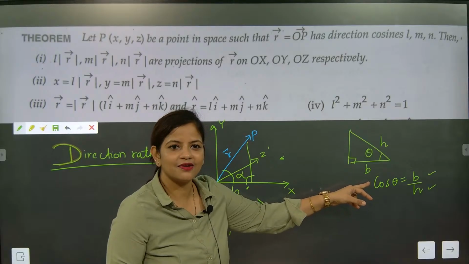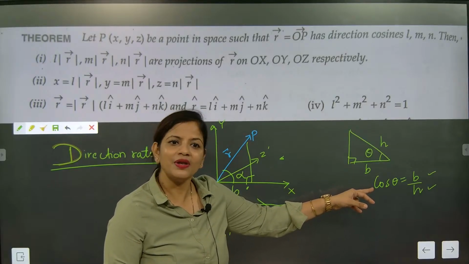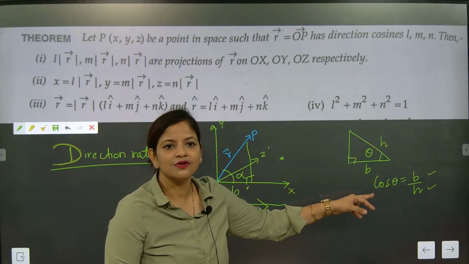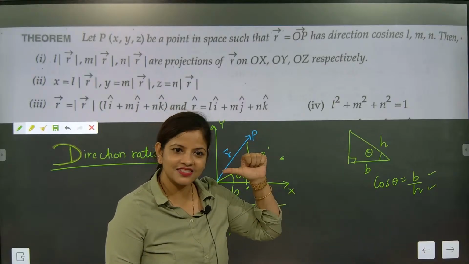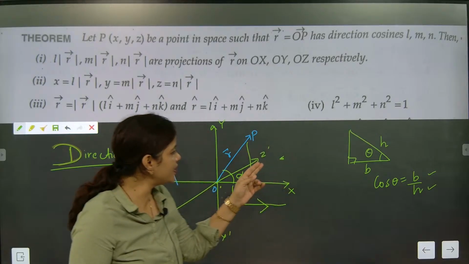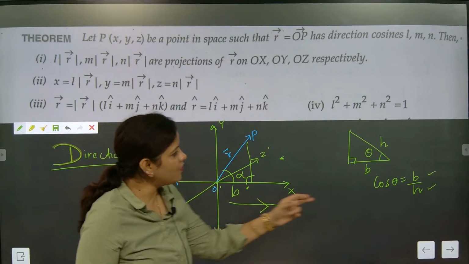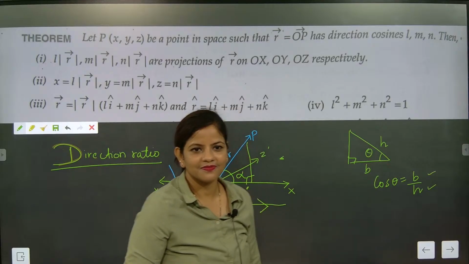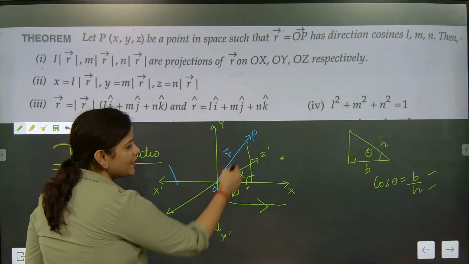Along which direction? The positive direction of the x-axis or the negative direction? So x will have how many directions? One is positive, one is negative. So either it will become plus b or minus b. Understood. And what is h? Hypotenuse. Now here, what is the hypotenuse?